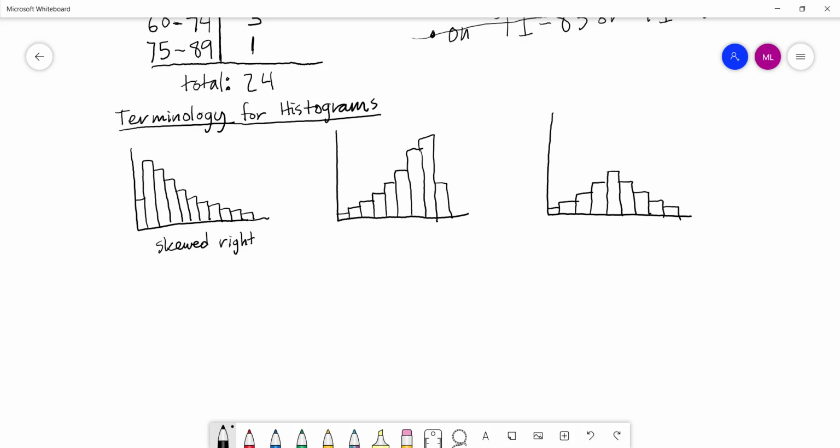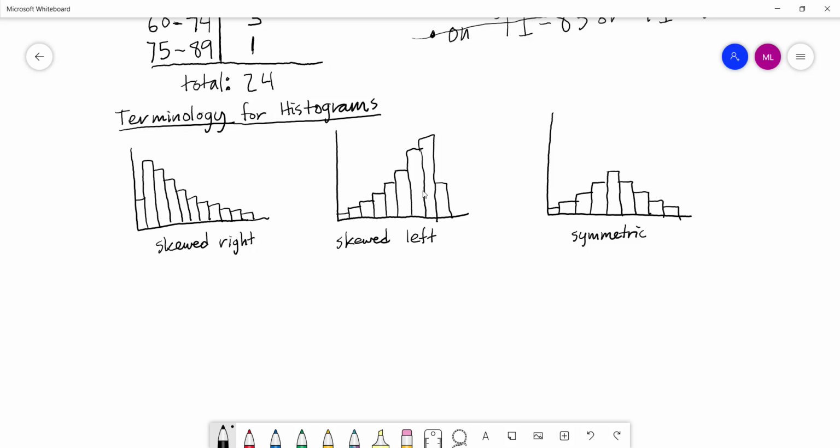The next one is also skewed. You can tell it's skewed in the opposite direction. It's skewed left. And the last one doesn't appear to be skewed at all, and this is what we would refer to as symmetric. So we have a symmetric histogram, we have one that's skewed right and one that's skewed left.